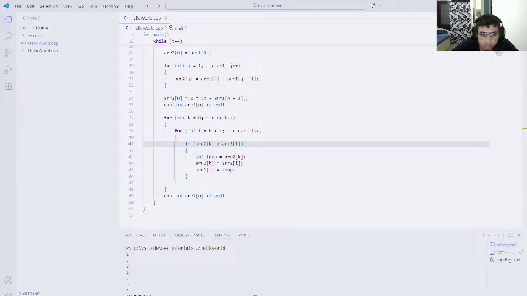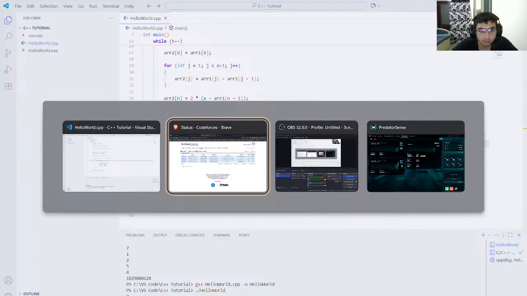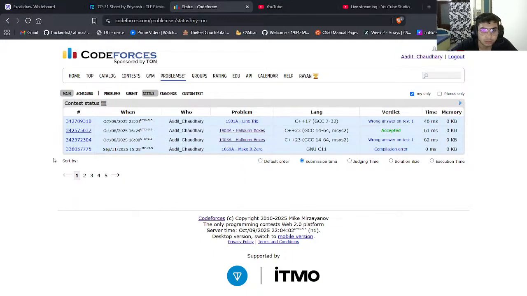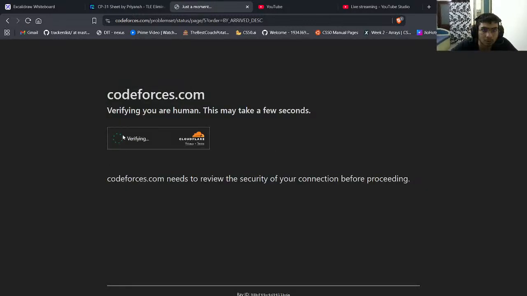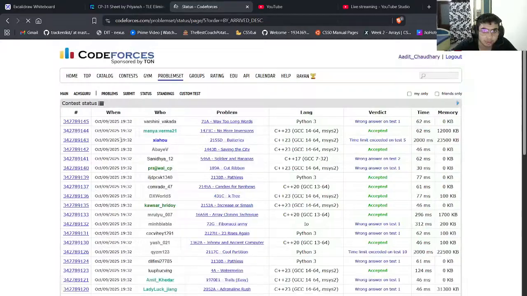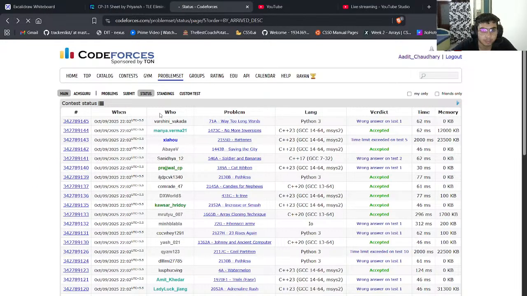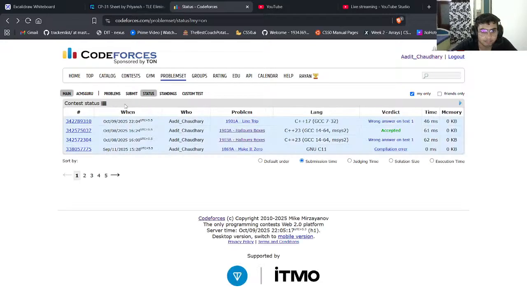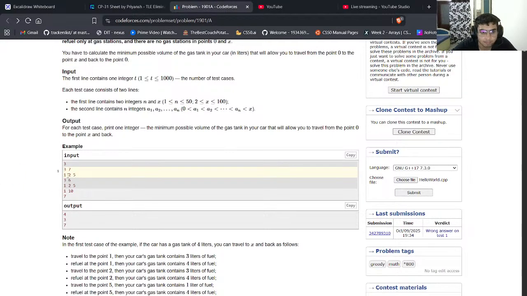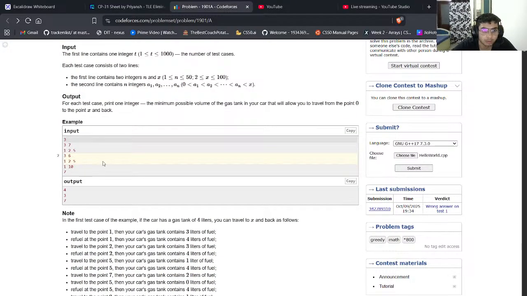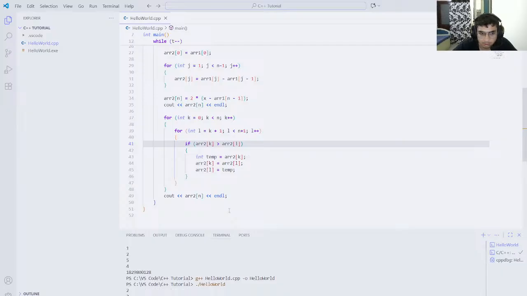No, let's just try to do it on the rest of the code. 3, 6, 1, 2, 5.